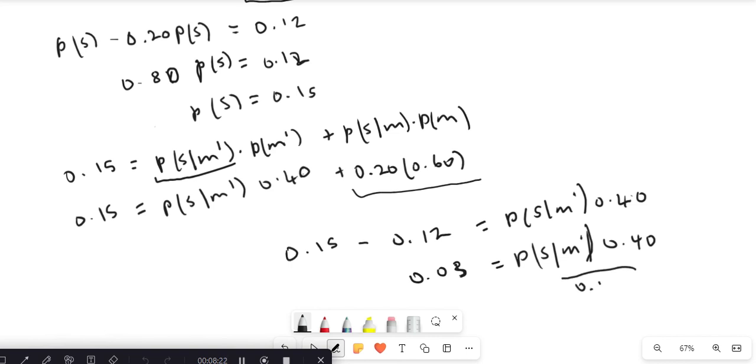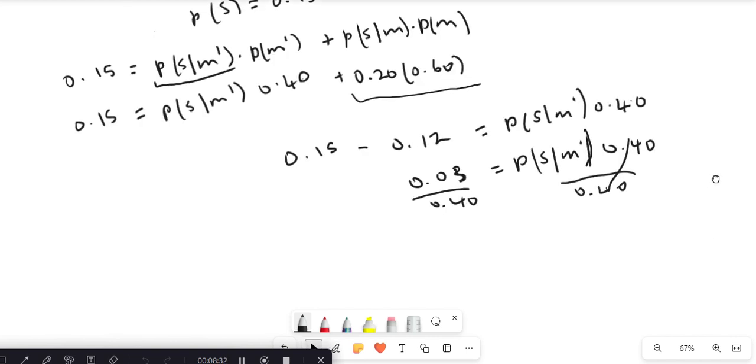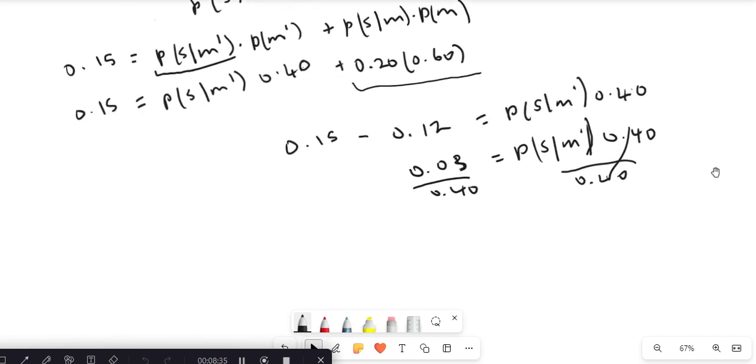Solving for S given M prime, I'm going to divide both sides by 0.40. And finally, that works out to 0.075, which is the same as 7.5%.